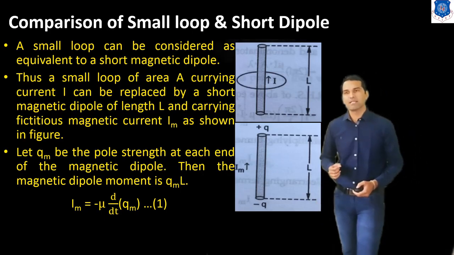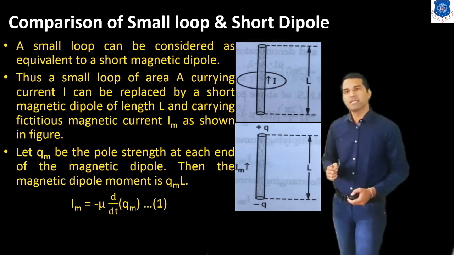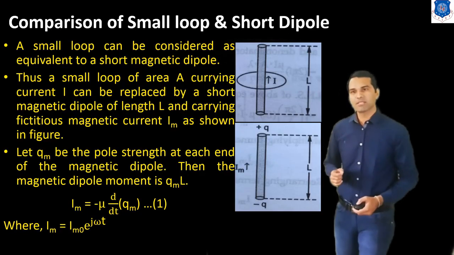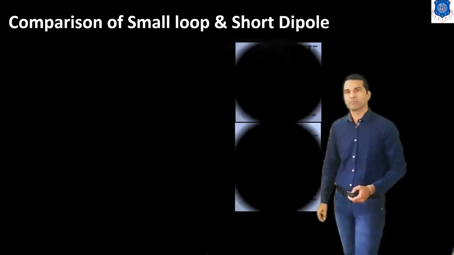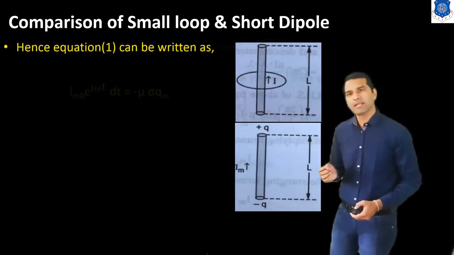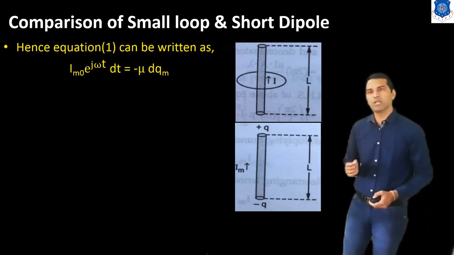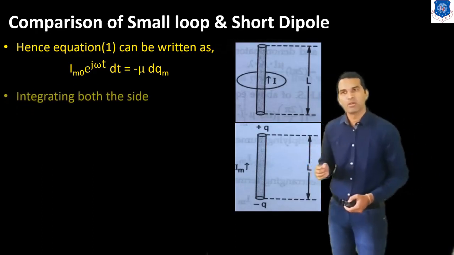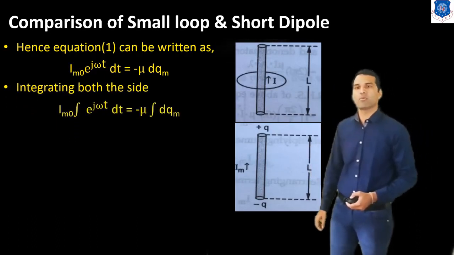So we can write Im is equal to minus mu d by dt of Qm. Here this Im is nothing but Im0 e raised to j omega t. Now equation number 1 can be written as Im0 e raised to j omega t dt is equal to minus mu dQm. Now we take the integration on both sides.